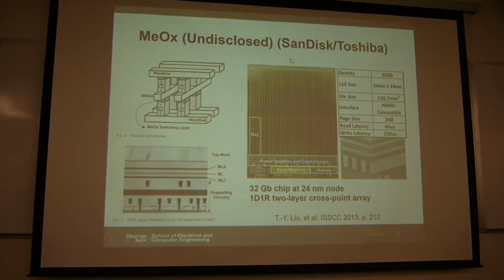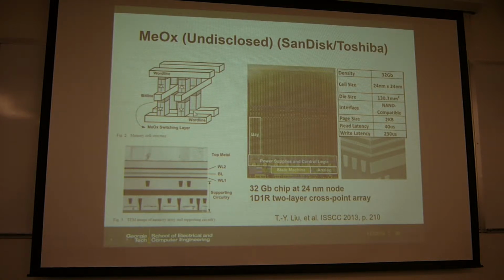And then SanDisk and Toshiba jointly developed this metal oxide RRAM chip, and the material is undisclosed, so I don't know what oxide. So I just put a ME for metal there. But this is a cross-point array, and actually this is very similar to the 3D XPoint.